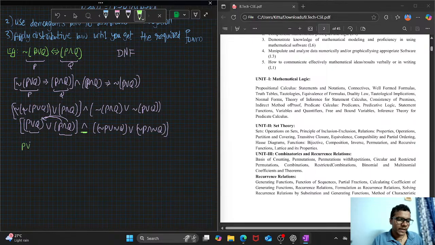So let's say P or Q is one term, and you take P and Q as another term. This is one term, this is one term, and this is another term. So you can apply the associativity law here, right? A or B or C form. The brackets are currently like this, and you can apply the brackets as A or B or C like this as well, right?